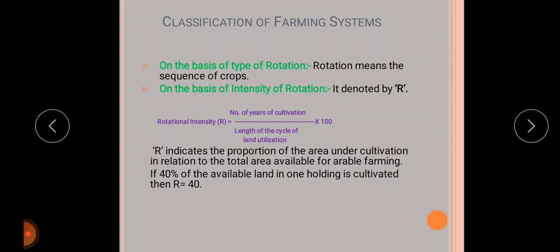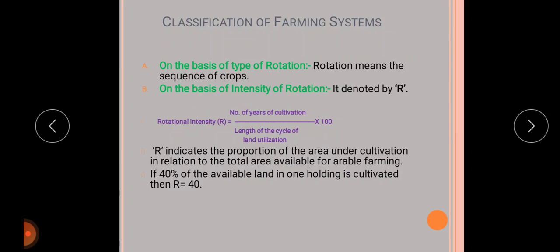In cultivation farming, the major farming systems are classified into different subclasses on the basis of the type of rotation, the intensity of crop rotation, and also the field system and perennial cropping system.